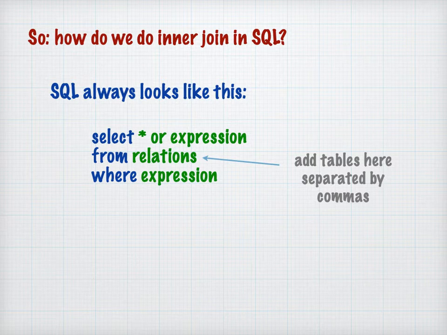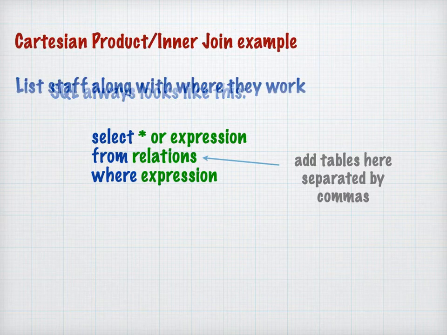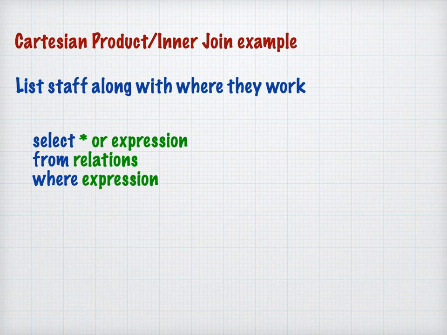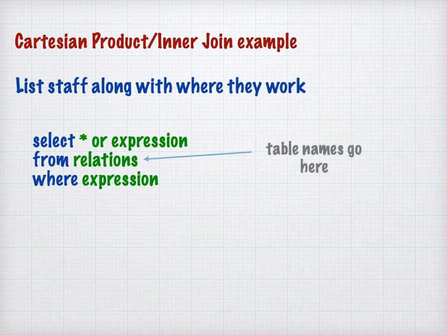So what are we going to do if we want to combine emp and department? If you remember, the query was show all the staff along with where they work. Well, we're going to put not just one table, but multiple tables on that line separated by a comma, just like that.